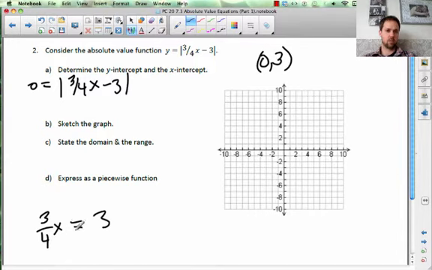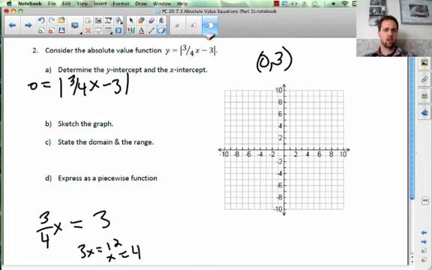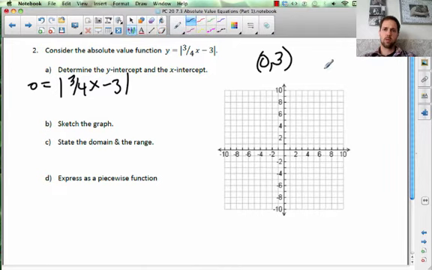So set it equal to 0 and then move the 3 over to the other side. And then multiply by 4. So 3x equals 12. Divide by 3. X equals 4. So when x equals 4, this whole thing is 0. So that is going to be your x-intercept, at 4 and 0.